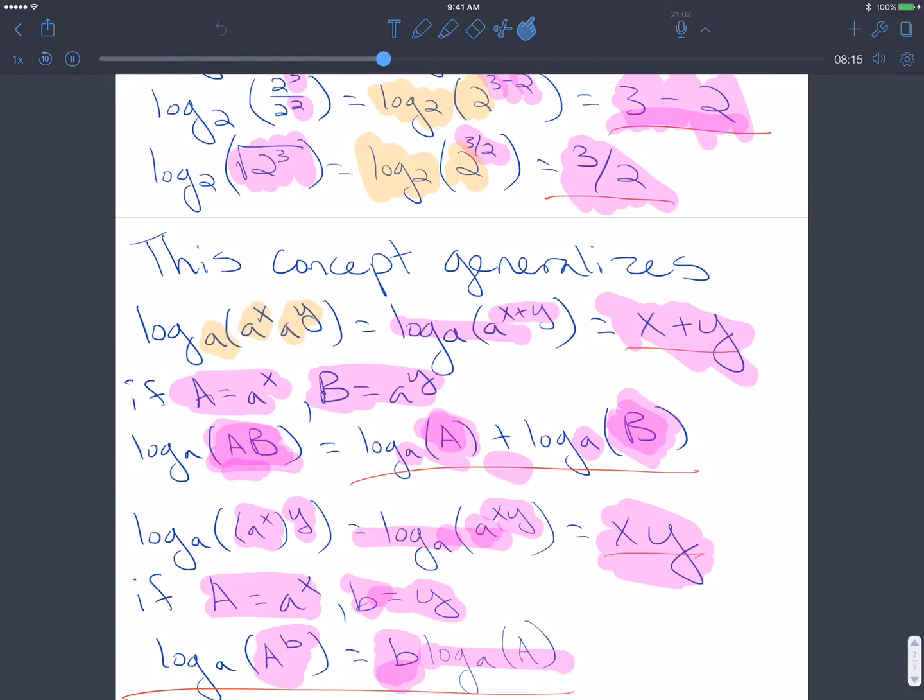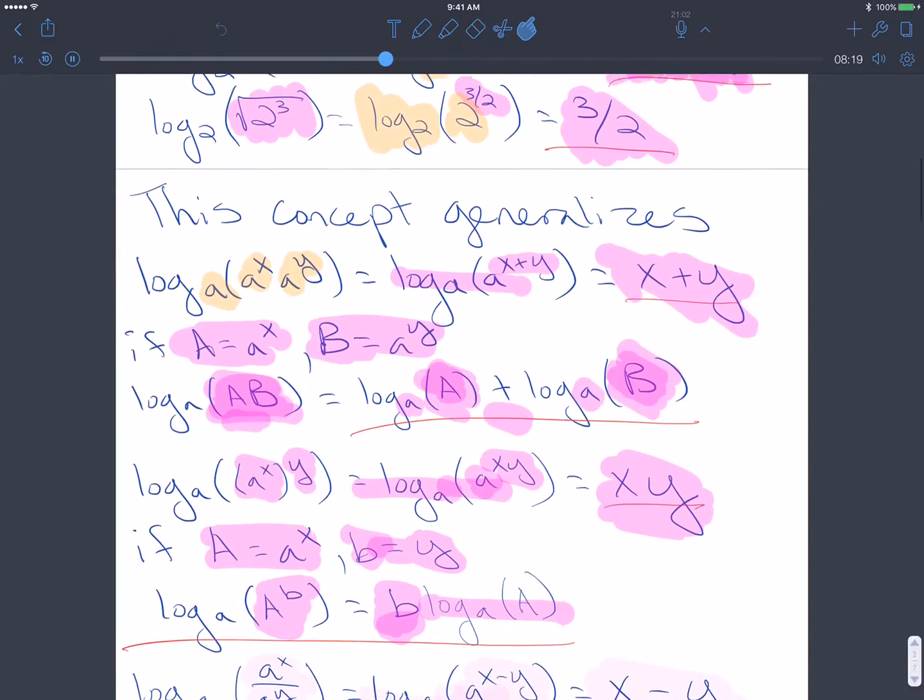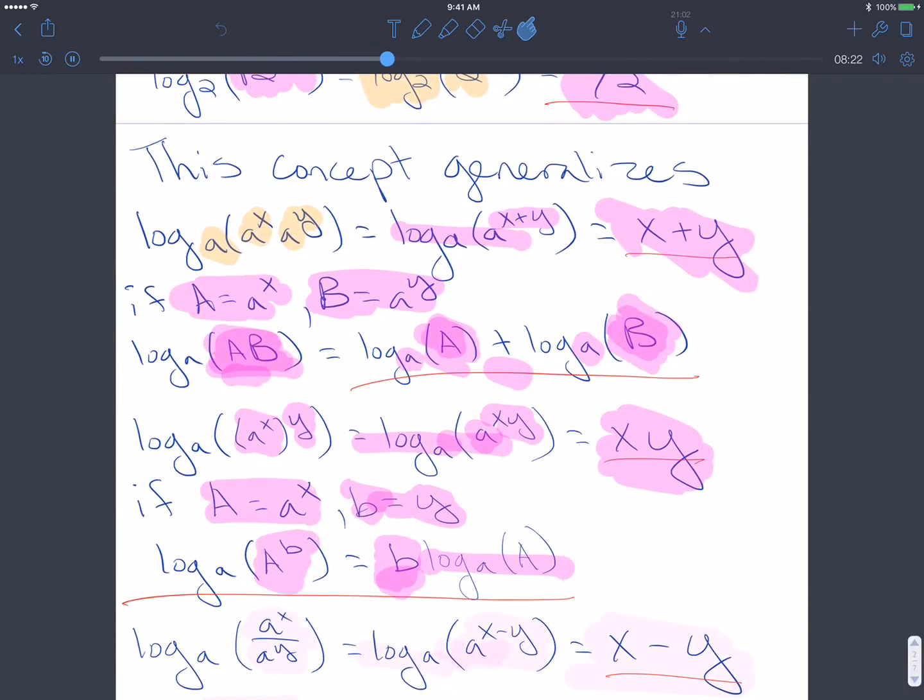Okay? If we extend the same concepts with division that we had for multiplication, A times B, remember that a to the x over a to the y is the same as a to the x minus y, which gets us, again, when our bases cancel here, the logarithm in the base a, I just get my exponent, which is my x minus y.